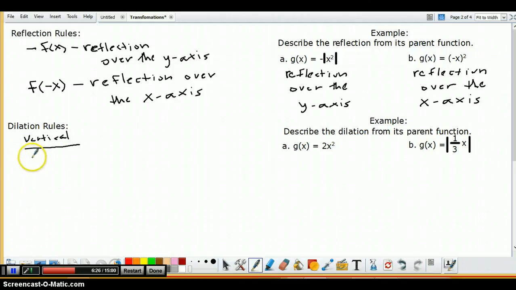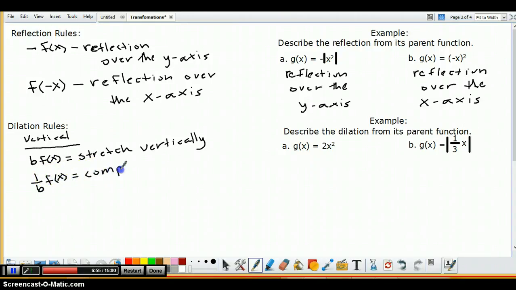So if I have b times f of x, this is a stretch vertically. If I have 1 over b times f of x, then that is a compression vertically.